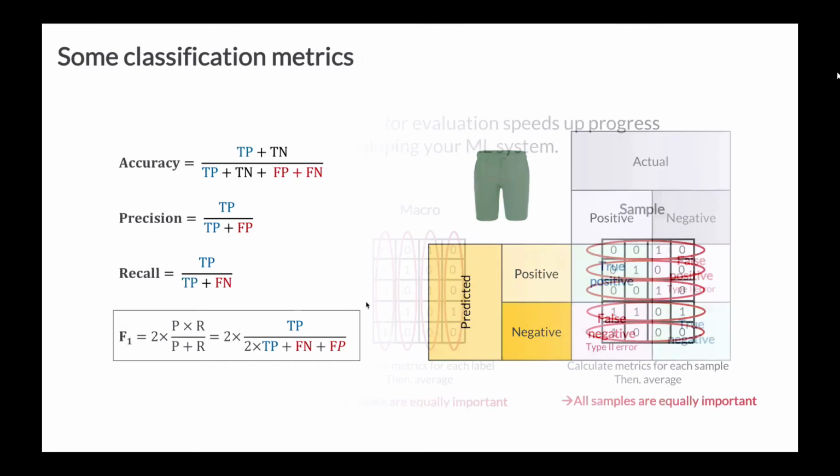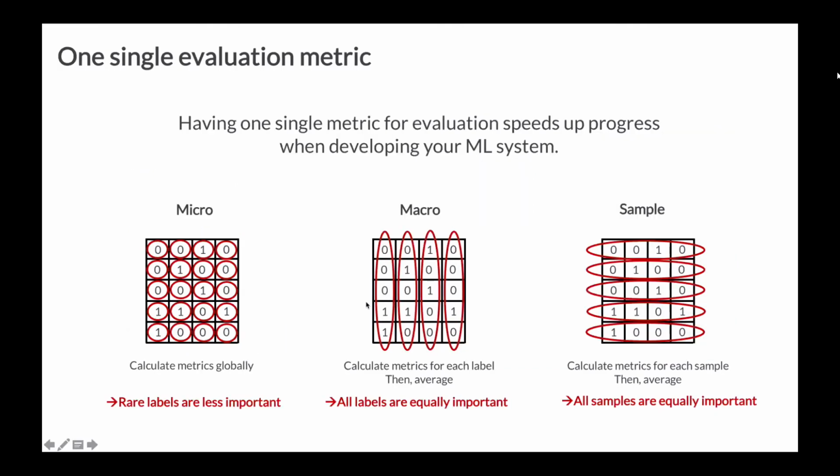So in multi-label classification and multi-class classification, a question that is usually asked is how to get one single evaluation metric. Because having one single evaluation metric for the system speeds up development.